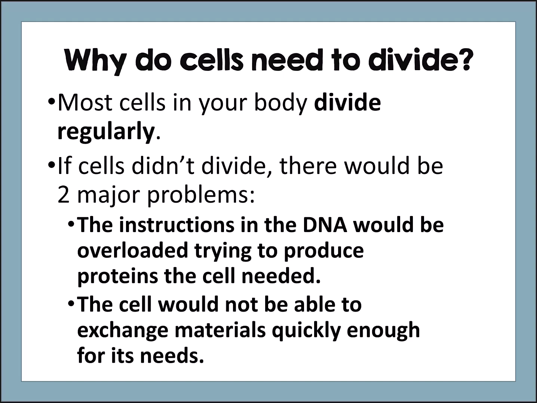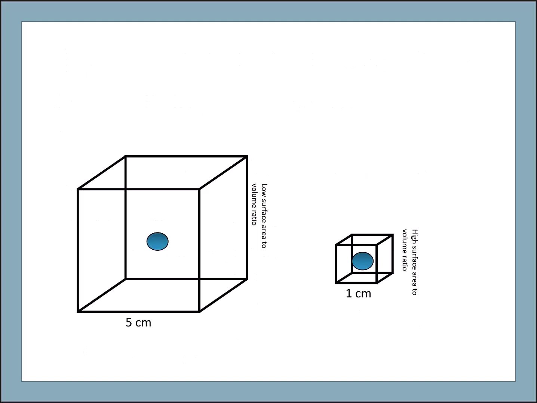Secondly, the cell would not be able to exchange materials quickly enough for its needs. So let's look a little more closely at that. If you picture this as a cell here, obviously it's a cube, but if this is the nucleus and this is the membrane, the cell membrane outside of the cell, look at the difference here between the nucleus and the cell membrane as opposed to this smaller cell that has a nucleus and a much smaller cell membrane.